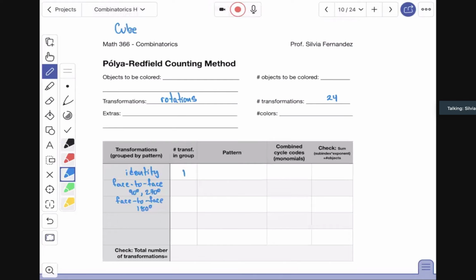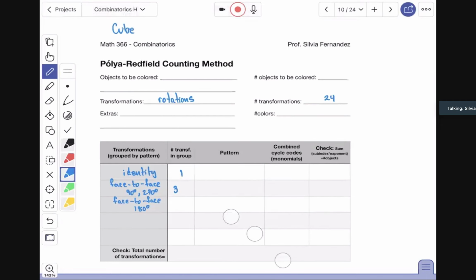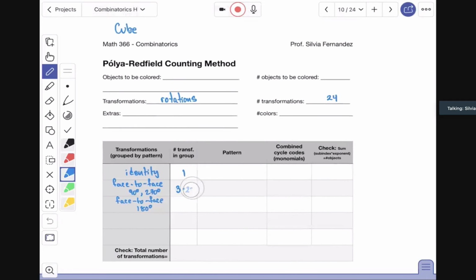And so here I have 6 faces. So I have 3 pairs of opposite faces. Top, bottom, front, back, side, side, left, right. So I have 3 pairs, and I have 2 angles, 90 and 270.